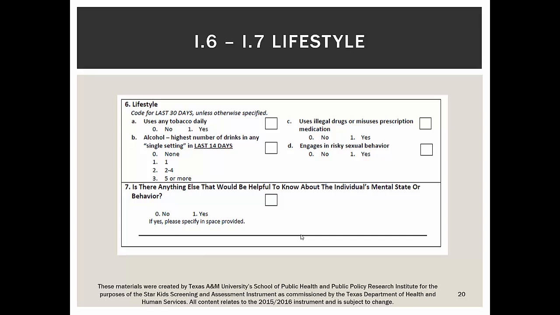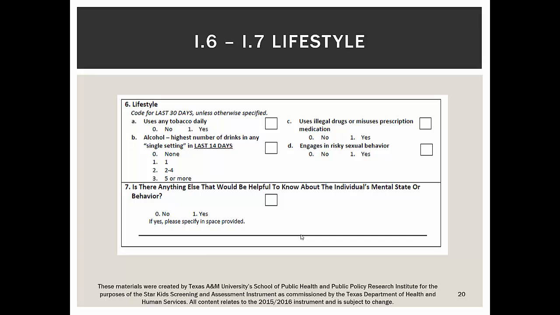So I6 and I7 discuss lifestyle. The second to last question presents a brief look at how the individual's lifestyle may be affecting their health. And these are the sensitive questions that we were talking about earlier. The questions can be difficult for the individual and caregiver, so please proceed with added care and sensitivity.